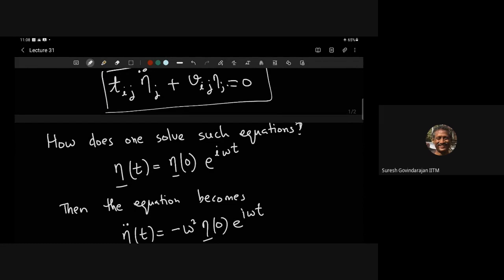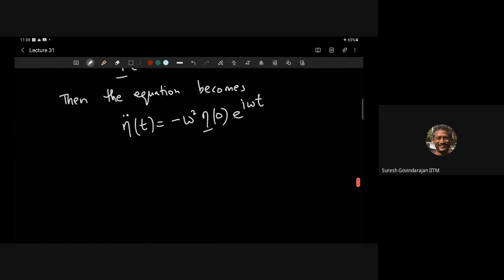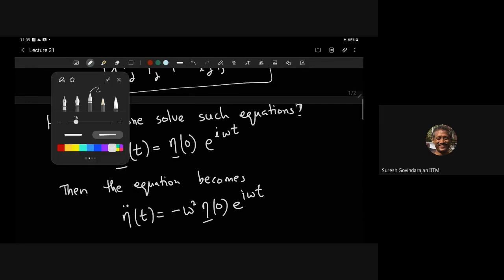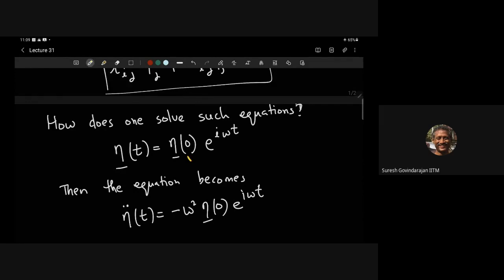Again, a question to you is that this appears to be a complex solution. What does that mean? Anybody? What I'm trying to say here is that this will be complex.